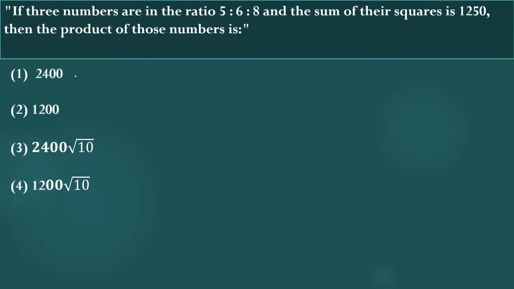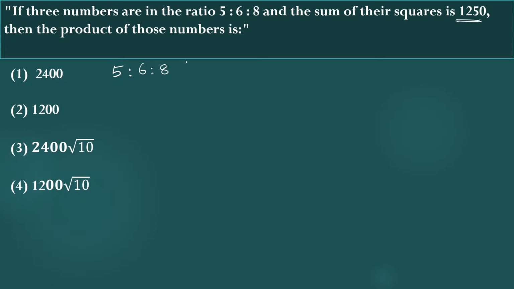Right, next question. See the question here. If three numbers are in the ratio 5:6:8, and the sum of their squares is 1250, then the product of those numbers is?